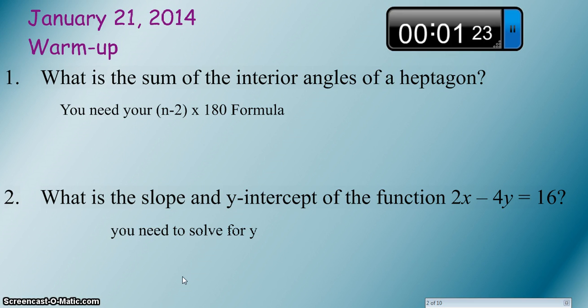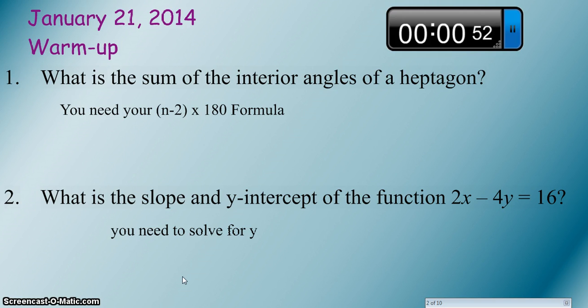Please note you are down to 1 minute and 20 seconds to finish up your warm-up. Things to note for problem number 1, n is the sides of a polygon. You're going to see problems just like this on your test on Thursday, so you better be prepared.